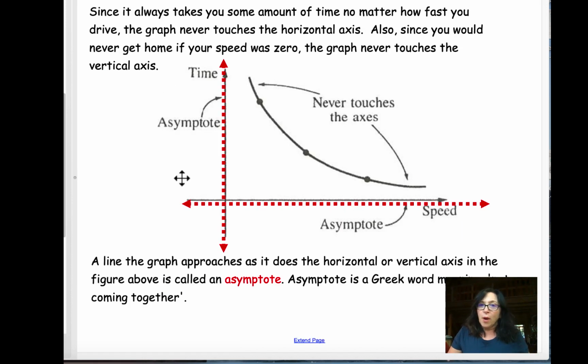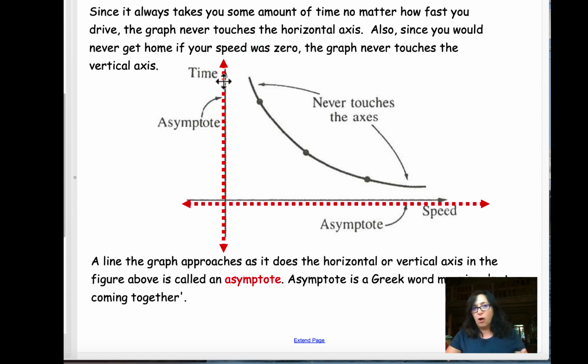Okay, so what the answer is here is basically saying, since it always takes you some amount of time, no matter how fast you drive, the graph is never going to touch the horizontal axis, because if you're going no speed, then time is, you've already gotten there. As far as this one up here is, if your speed was 0, then no time had passed.